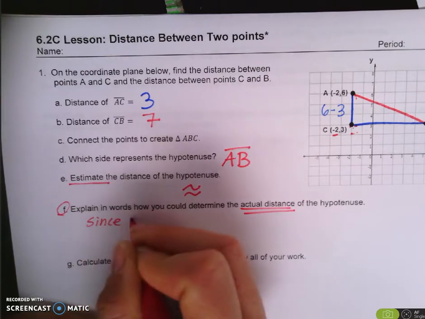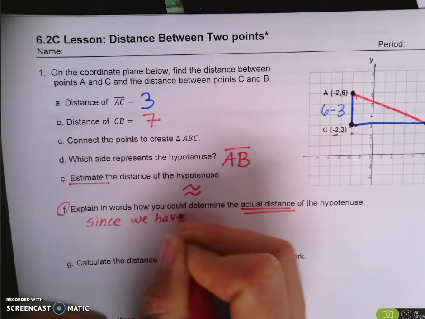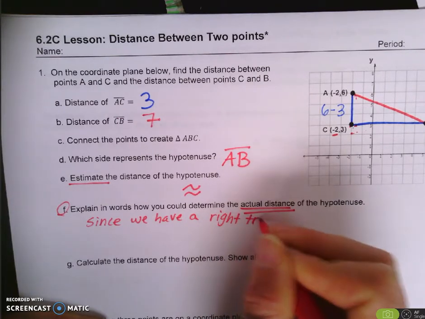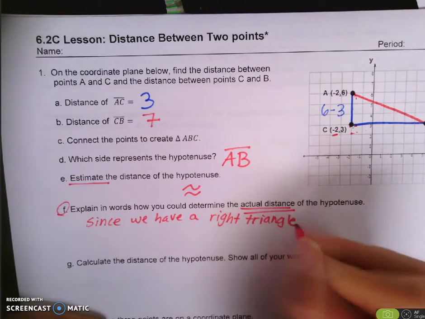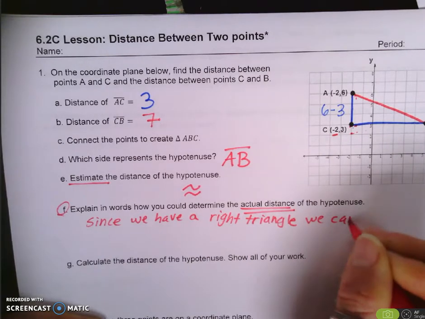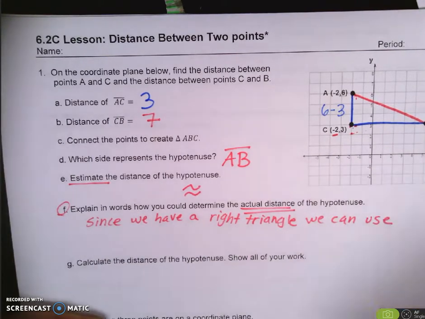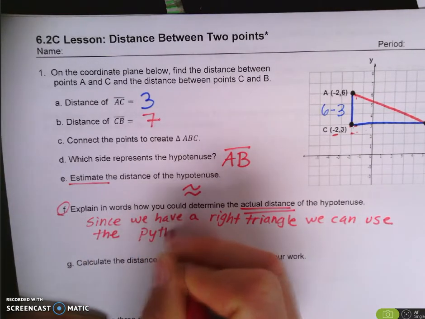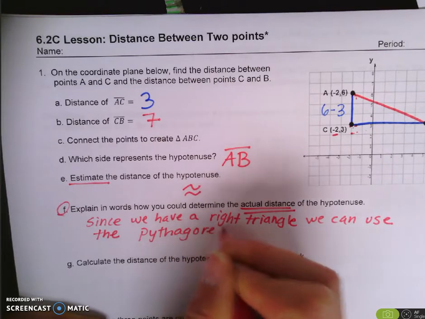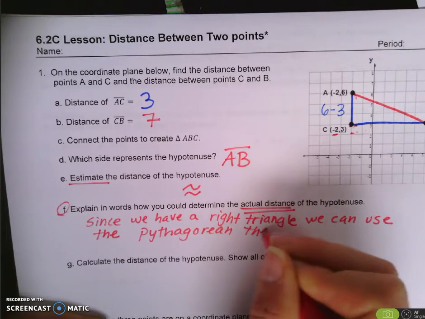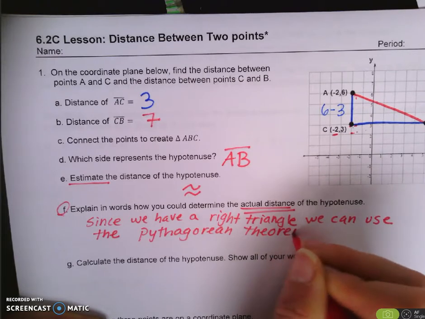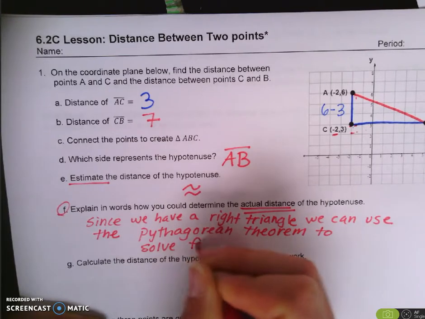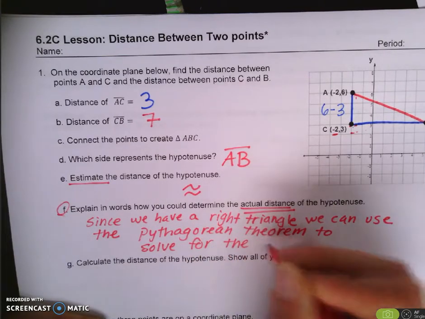Since we have a right triangle, we can use the Pythagorean theorem to solve for the missing side length.